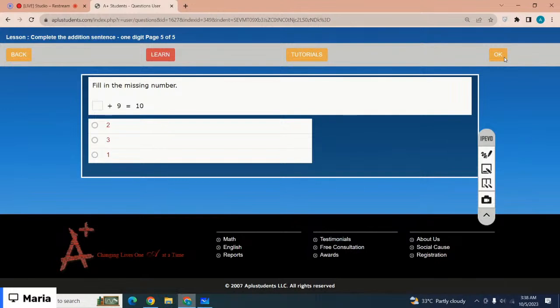So which is the correct option? Fill in the missing number. The missing number plus 9 equals 10. Which is the correct option?